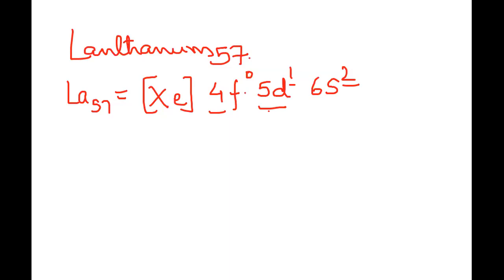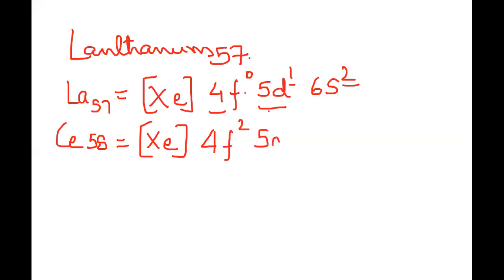But as soon as you come to the element with atomic number 58, which is cerium, you will see that the electronic configuration changes and it becomes 4f2, 5d0, and then 6s2.